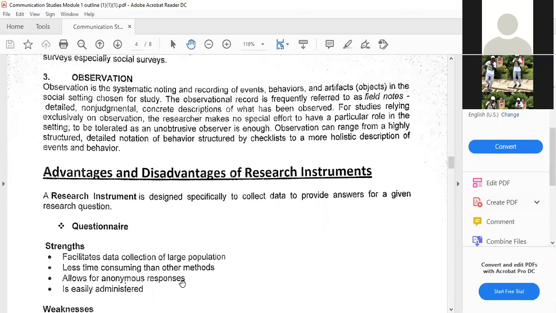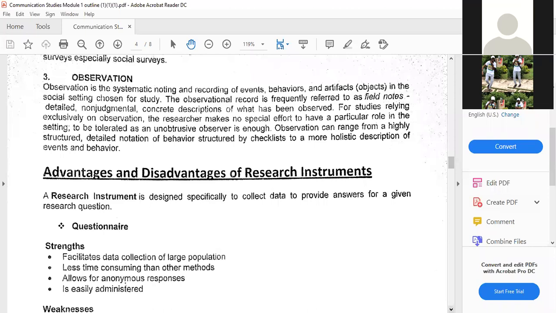For example, you want to find out about community policing in an environment. Persons might not be willing to put their names on the paper. You get what I'm saying? Yes, miss. So questionnaires allow for anonymous responses, right? And it is easily administered, easy to hand out to the persons in particular.